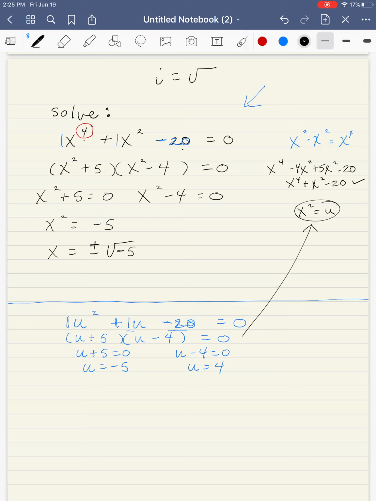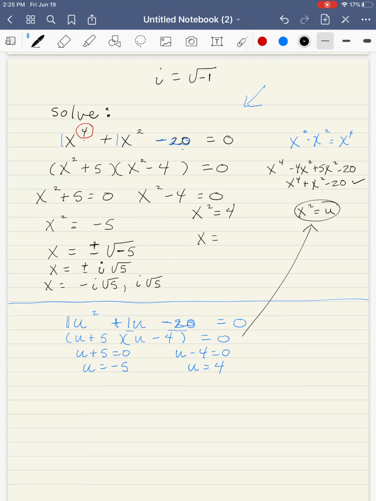You can't go through that radical. And remember that i is the same thing as the square root of -1. So rather than leaving this negative here, we're going to call this i times the square root of 5. And then I want to write that as 2 separate answers: -i square root of 5 and i square root of 5.